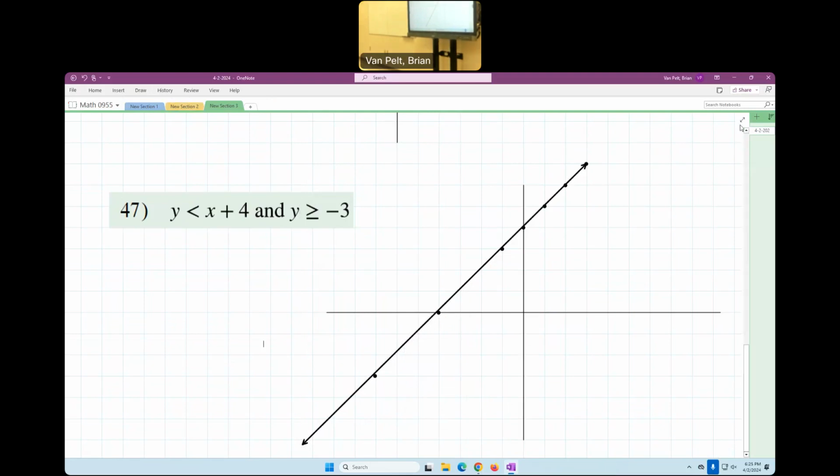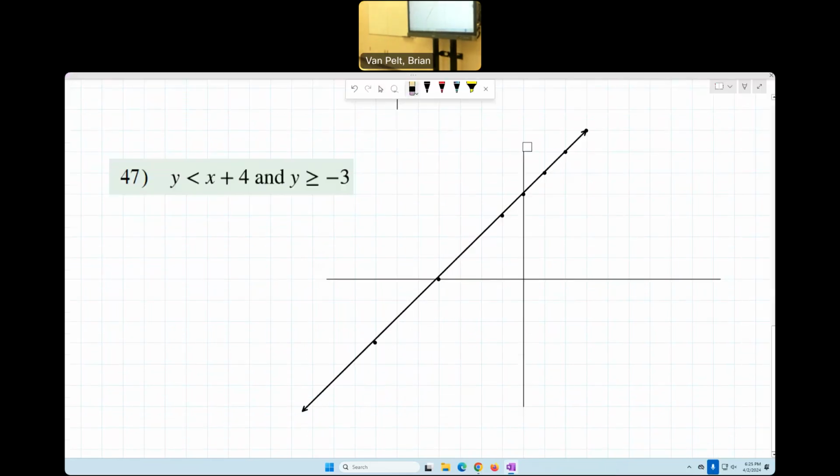Now it'll allow me to erase some stuff. All right, now which part of it do I do, underneath or above? Below or above? So below. Below, because y is less than, which is smaller.